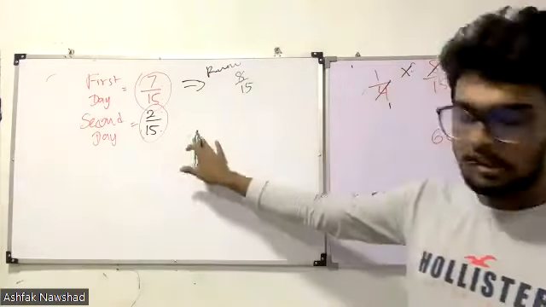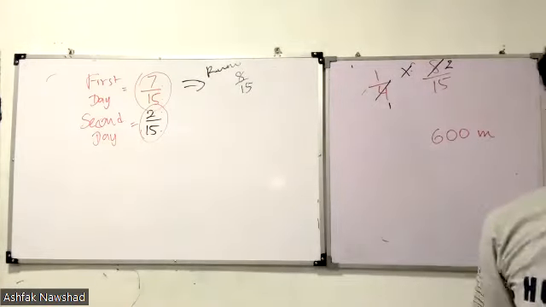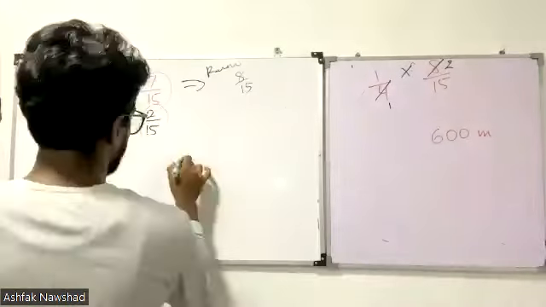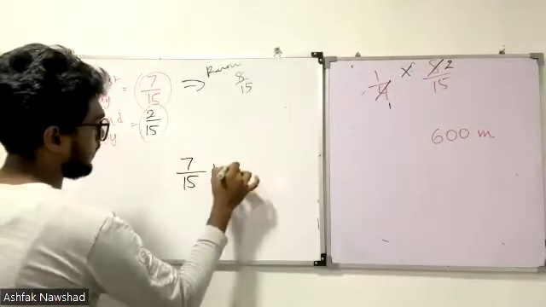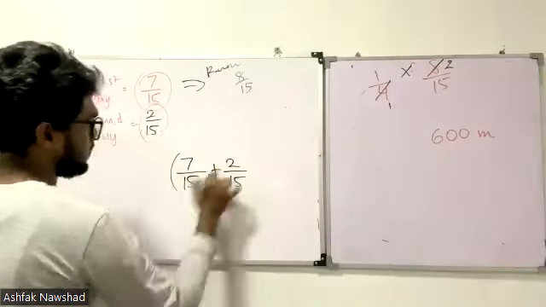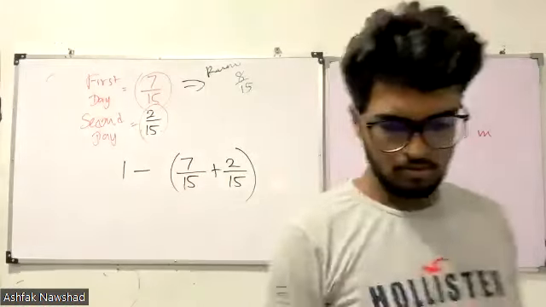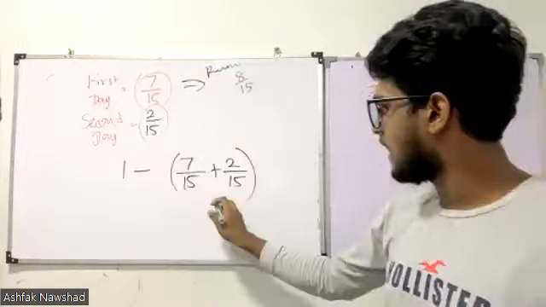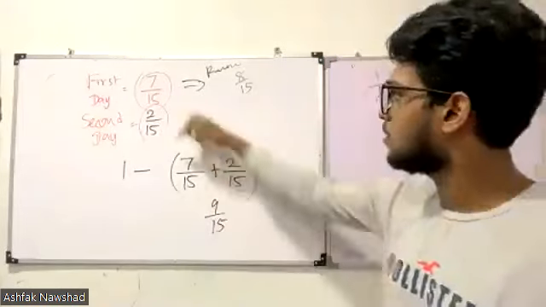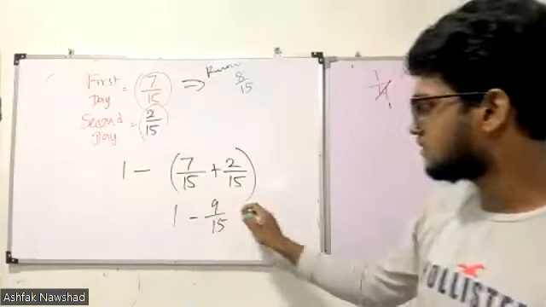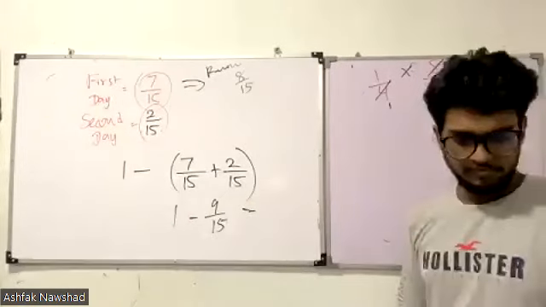This is very identical to the first question. See, 7 out of 15 is dug and also 2 out of 15 is dug. So we can find the remaining by subtracting. So this is 9 out of 15. Actually 9 out of 15 is dug. So what is 1 minus 9 out of 15?